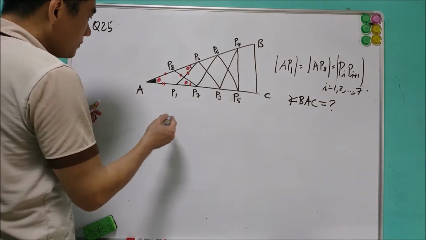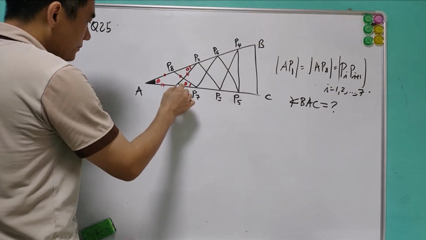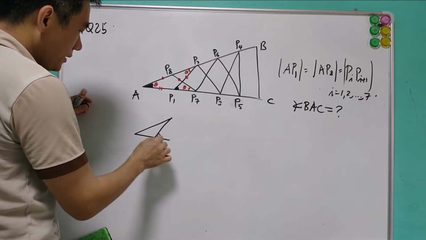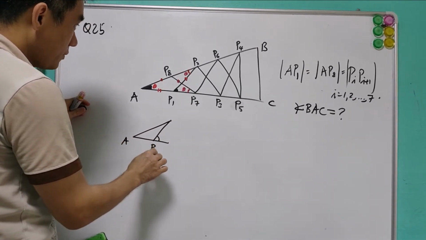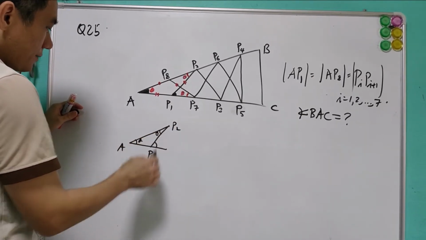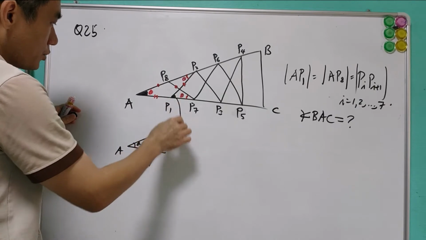We will focus on this small angle here. For this small angle, it actually comes from here. This is A, P1, P2. Both of them are theta here, and therefore this is equal to 2 theta.